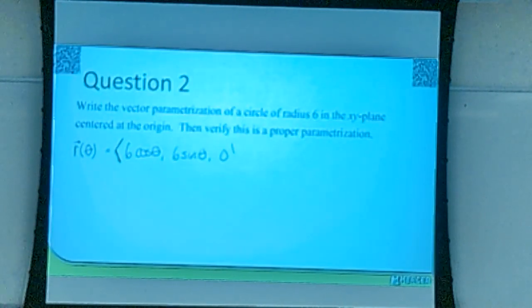However, that's not good enough. We always need a domain. In this case the domain's kind of implied, but in the future we will need domains, so it's good to be in the habit of writing it down now. Technically, theta is strictly less than 2 pi.